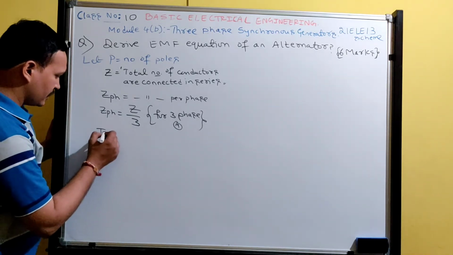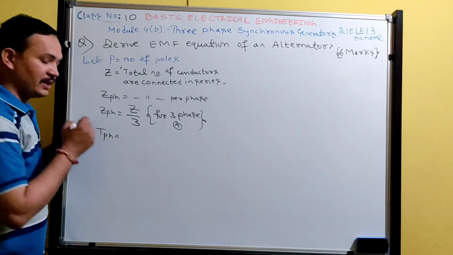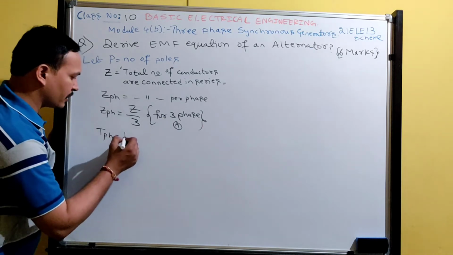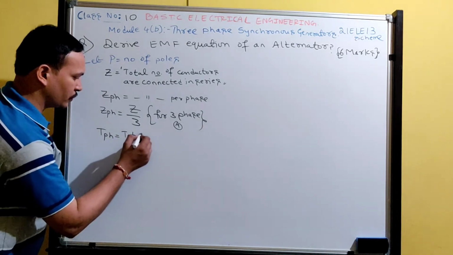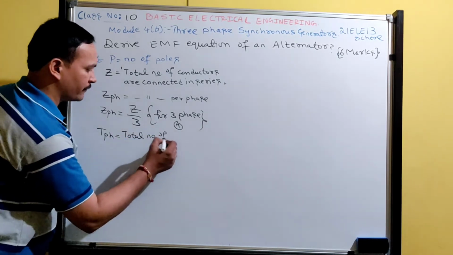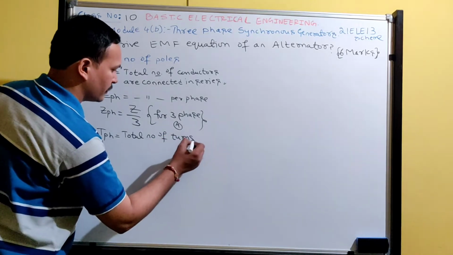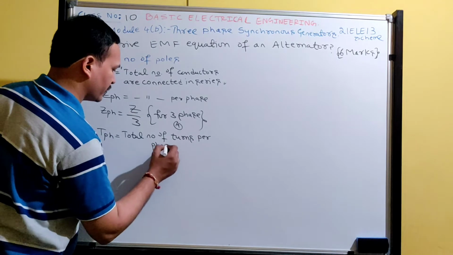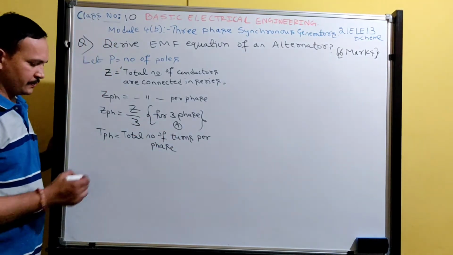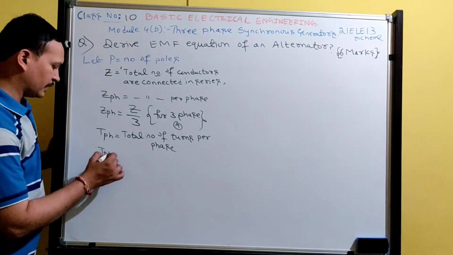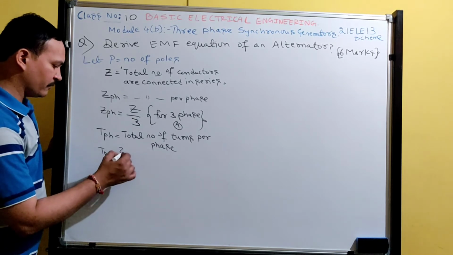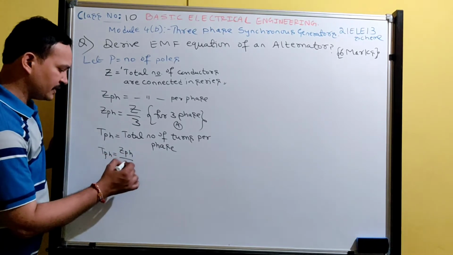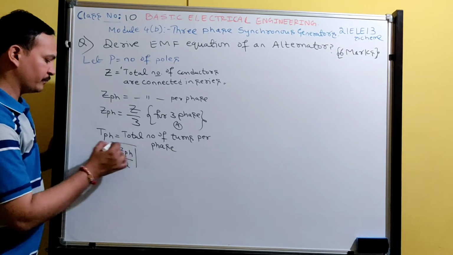Next is T_PH. T_PH is the total number of turns per phase. The formula for that is T_PH equals Z_PH divided by 2.